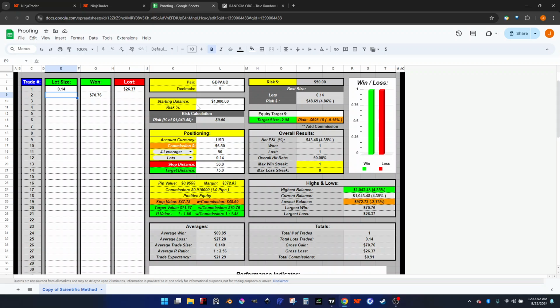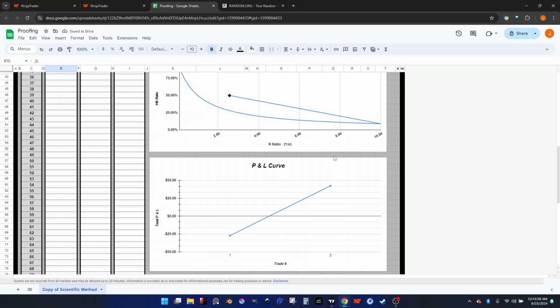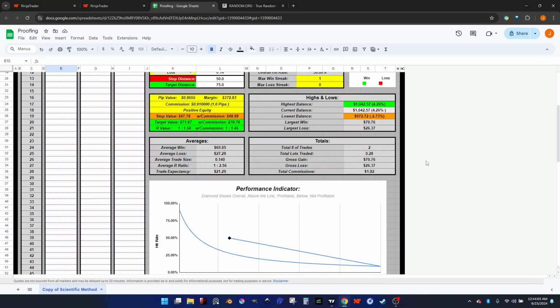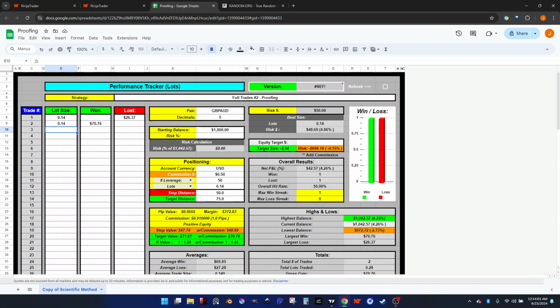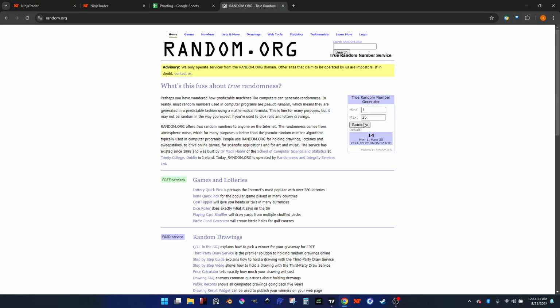And we had a 0.14 again on that one. And so far, our performance indication is looking good. We lost a little bit at first, but now we're right back above. And our overall account is at 1,042.57. So let's go back and put on another trade.